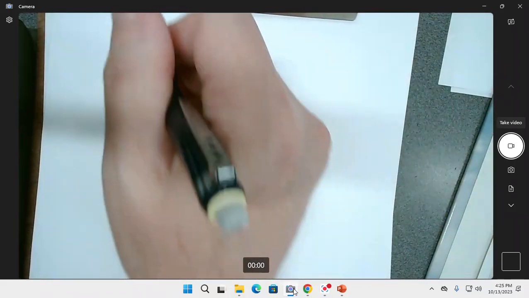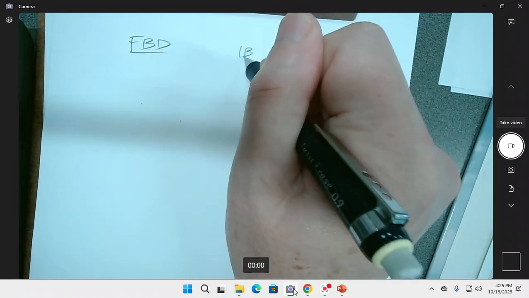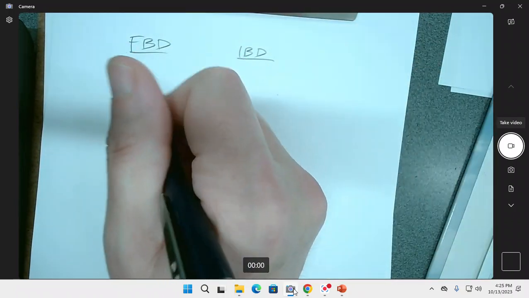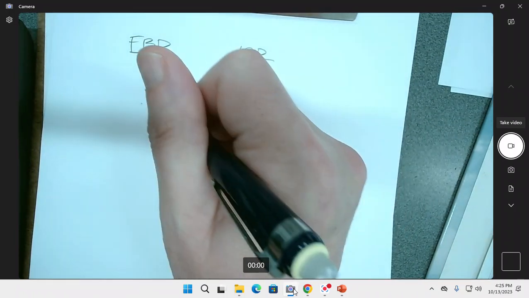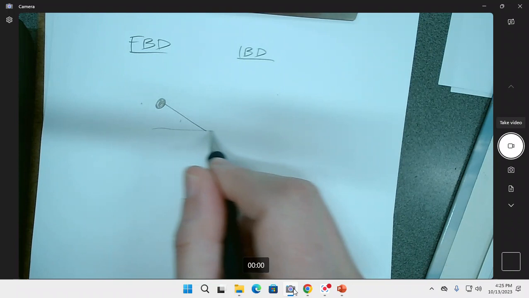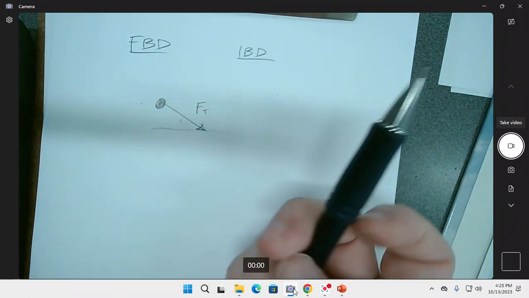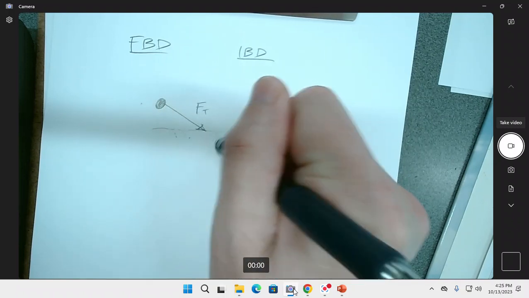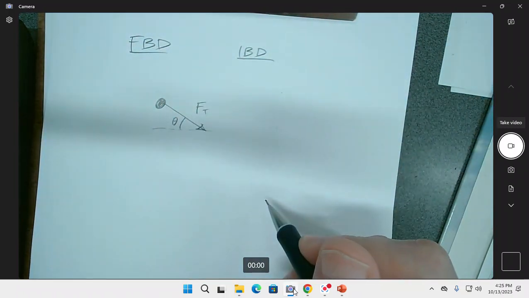But when everything is said and done, it's all about the free body diagram of the problem, and then working through it. Make it like a little dot right here, and say here is the force of the tension. I'm trying to draw that in so that you can have a reference angle. Here's the angle they were talking about.